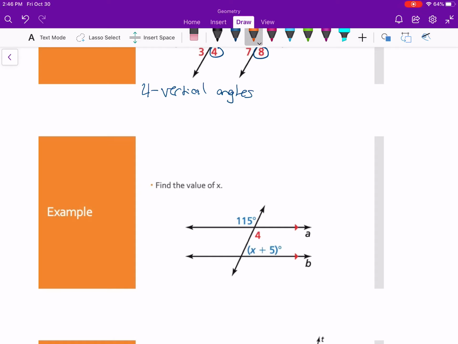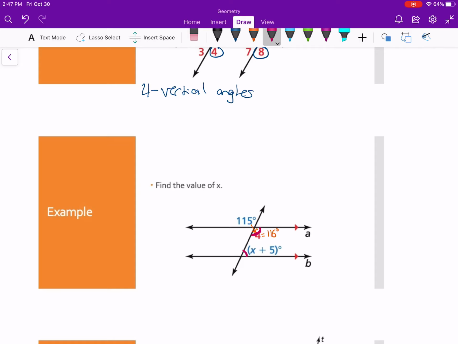What I see is that 115 and angle 4 are vertical angles. So that means angle 4 is also 115 degrees. And then I look and I see this angle and this angle are called consecutive interior.